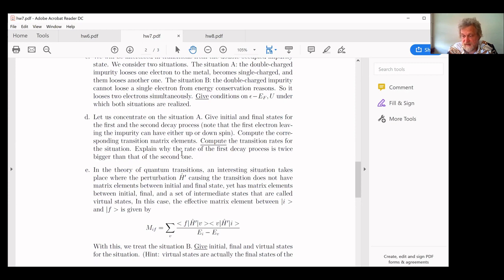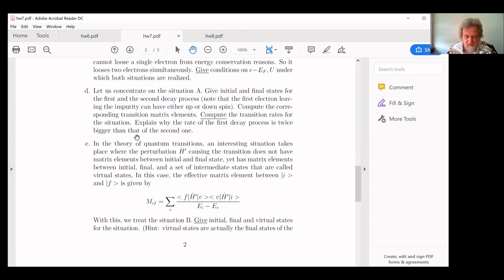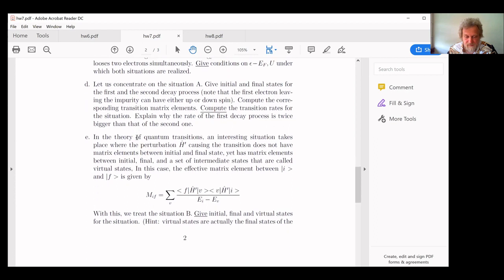And in those final states, we have an electron which goes from the impurity with a certain wave vector. To sum up overall possible wave vectors, you get the rate. There is a nice check in this sentence if you understand what's going on.